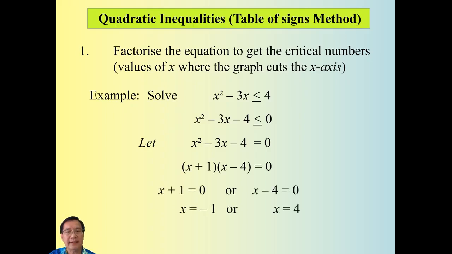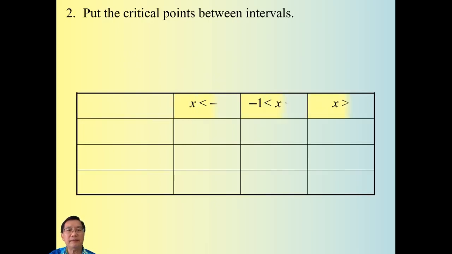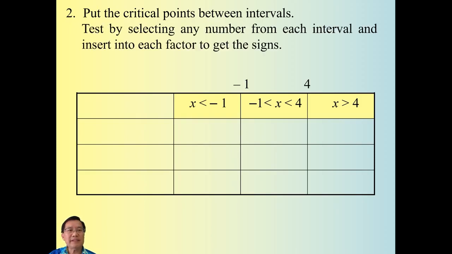Factorize and get the critical numbers, which are negative 1 and 4. Put the critical points between the intervals negative 1 and 4, then test by selecting any number from each interval and inserting into each factor to get the signs.